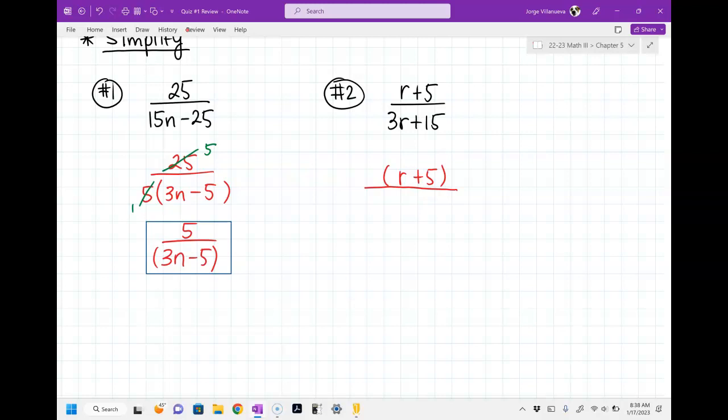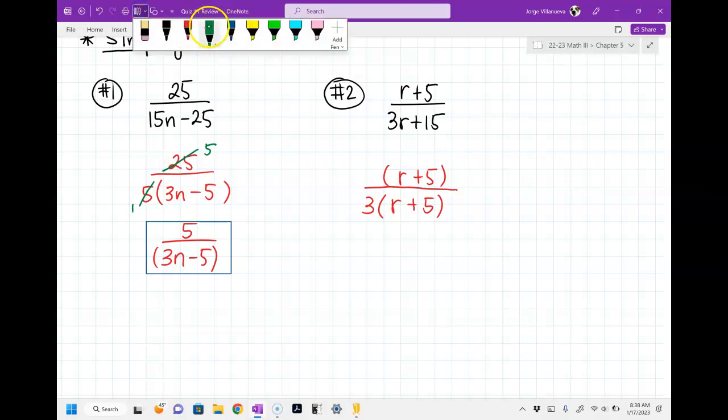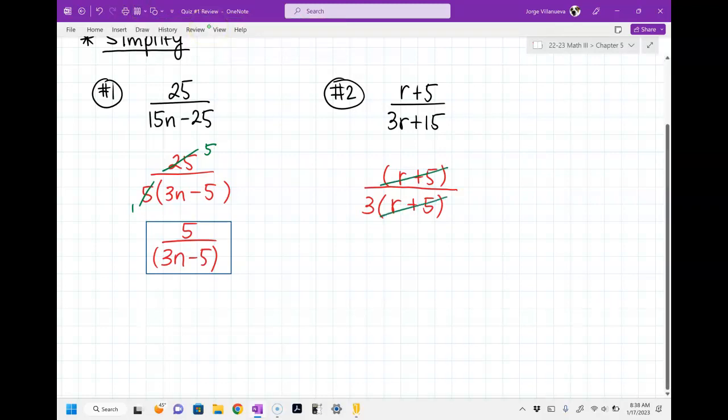A 3, right? So I'm going to take out a 3. And when I factor out the 3, I end up with R plus 5. Now, since my R plus 5 on the bottom is in a parenthesis, and since I put one on top, it makes it a little bit more obvious to see that they match, right? So I can now cancel those out.